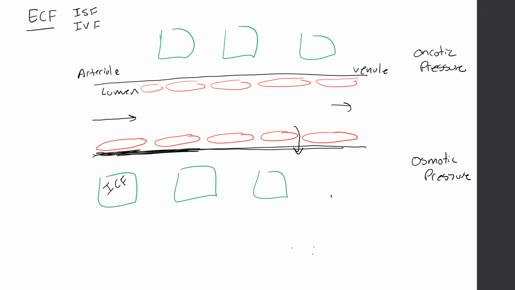Now, if instead what I have is, I'm just going to draw these little circles here, which are going to represent albumin, which is a small protein but found in great abundance in the blood. Okay, and in fact, these pores for most of the capillaries in our body are too small to allow albumin to diffuse into the interstitial space.